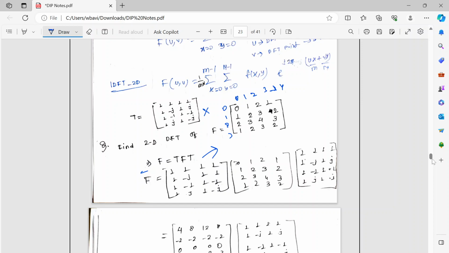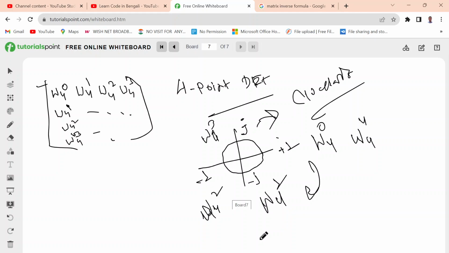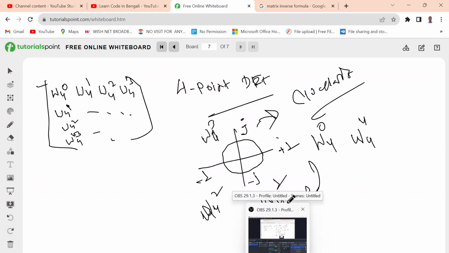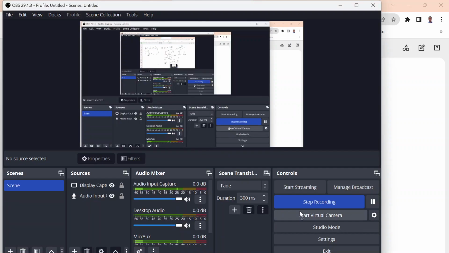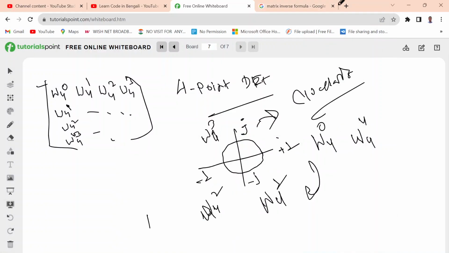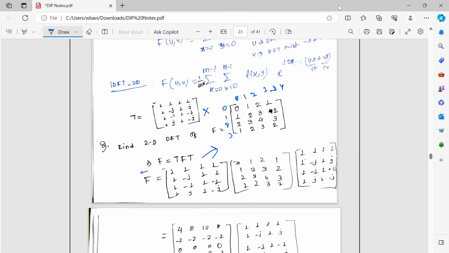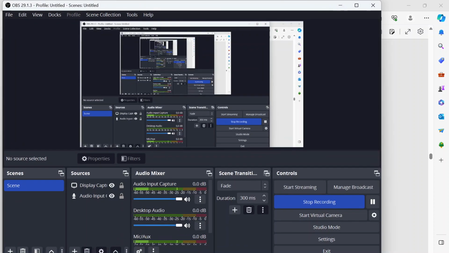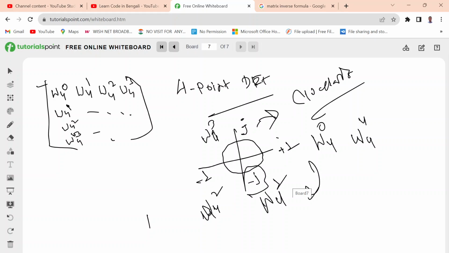So let me see what this value will be. What will W4 be here? If this is W4^1, this will be W4^2. Wait, W4^0. So this is W4^1. The value of W4^1 is minus j. No, no, no, no, no. I have made a mistake. Maybe this is minus j.